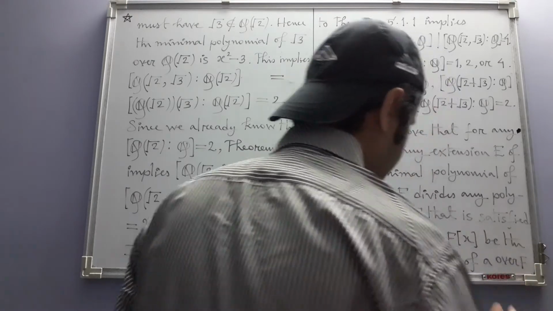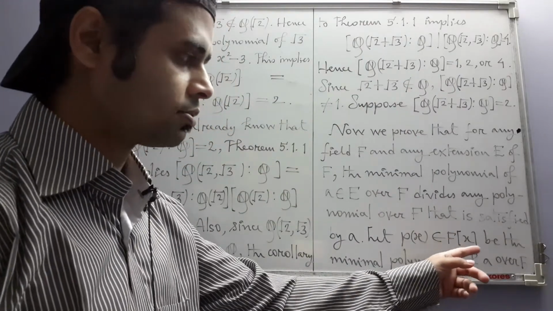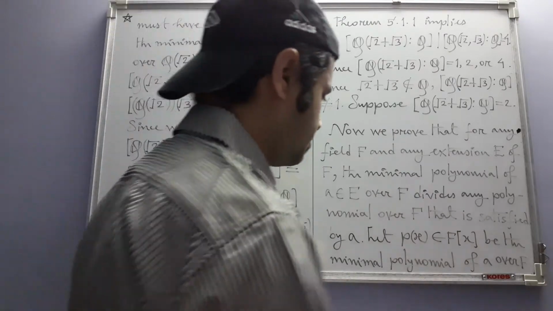Now, since we are writing over F, there was actually no need to write this, that p(x) belongs to F[x]. Over F means it's in F[x].